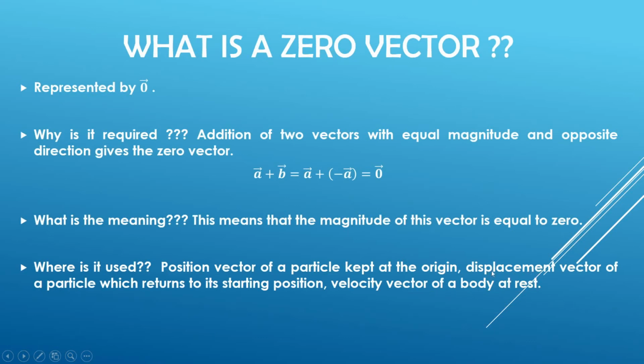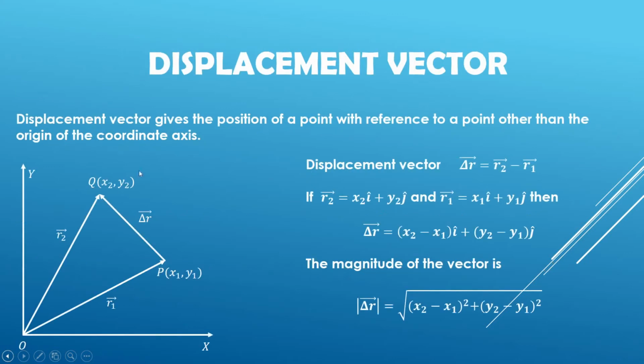And this is the displacement vector of a particle which returns to its starting position. As I've already said, the displacement vector gives the position of a point with reference to another point. If the particle goes from P1 and again retraces its path back to P1, I am asking the position of P with respect to P. Then what will be the displacement vector?